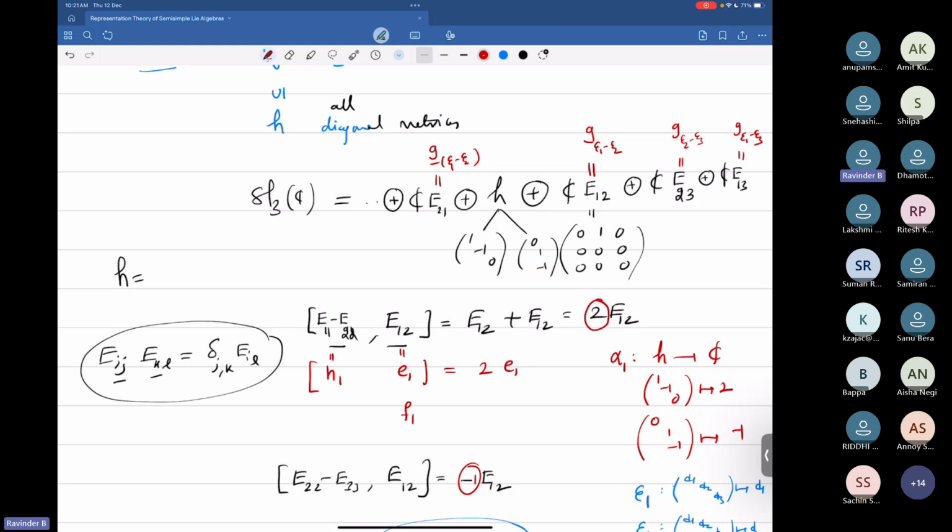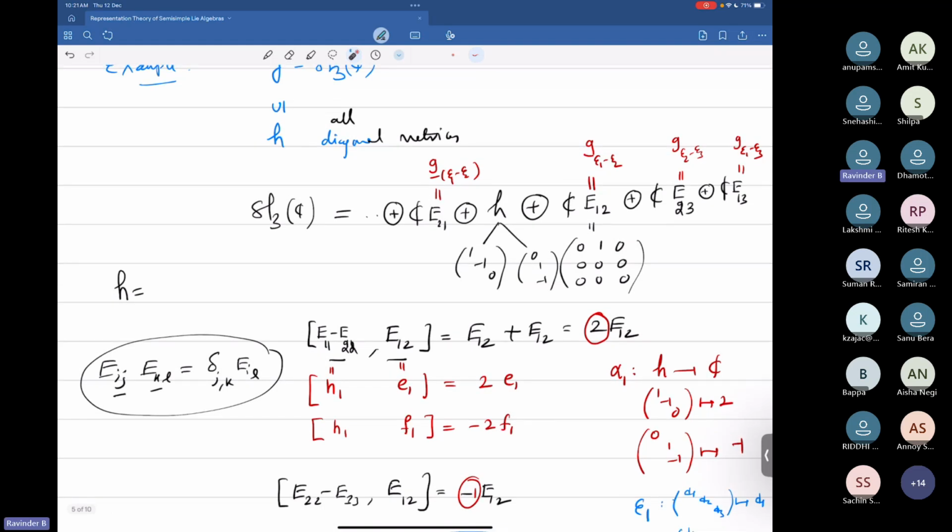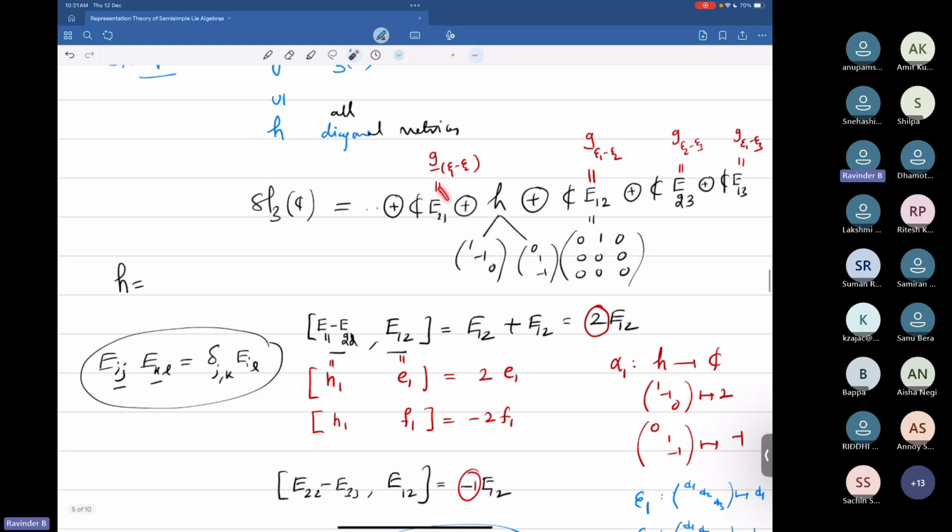So the corresponding F1, what property should it have? H1 F1 should be minus 2 F1. Okay. And it's an easy check that this one has that property, E21, because it's just swapping, so the negative sign will come. So this is E21.